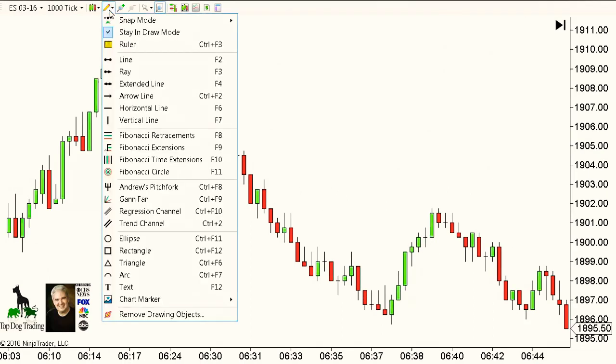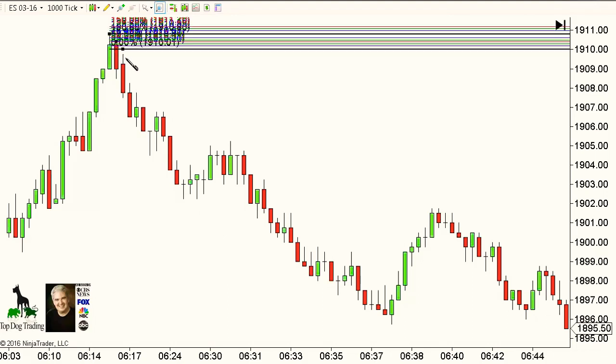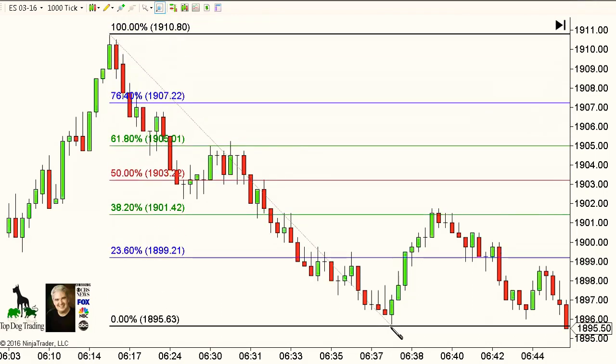So we go up here to our Fibonacci retracement drawing tool. We start here, that's the beginning of our impulse move. We bring it down to the bottom, and now you can see these numbers draw on the chart. This is where we started from. If the market goes down here and doesn't retrace at all, how much is it retracing? 0%.